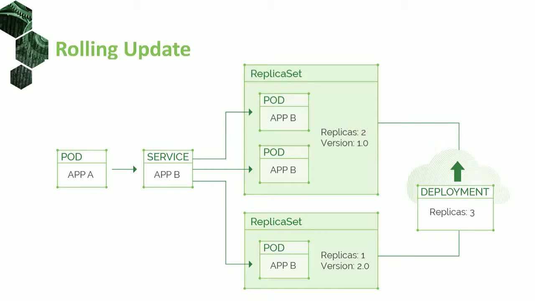Your load balancer, your service for service B, is directing your traffic using a round-robin mechanism to all your pods available at this point. So during the deployment, your client may hit the first version of the application or the second version, and this is not something you can easily control.